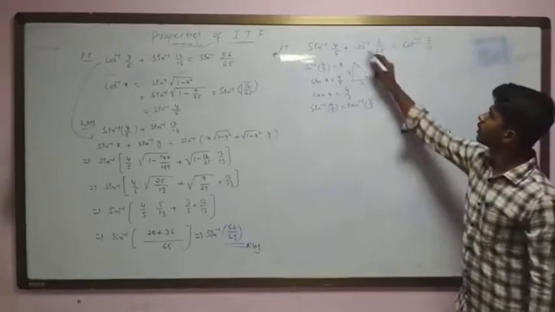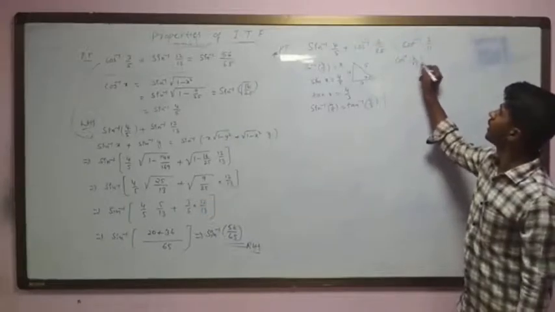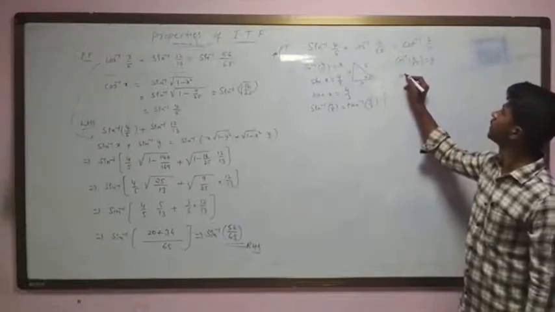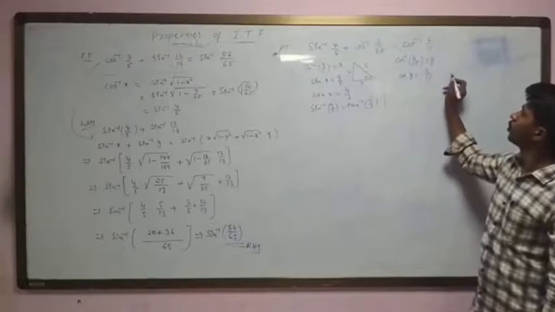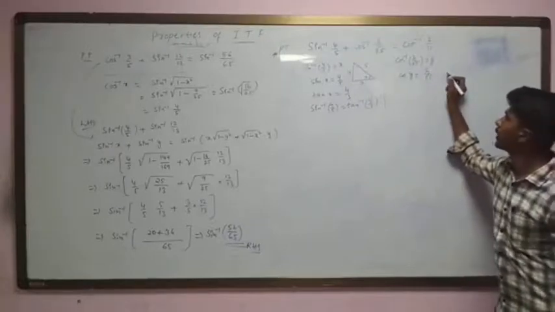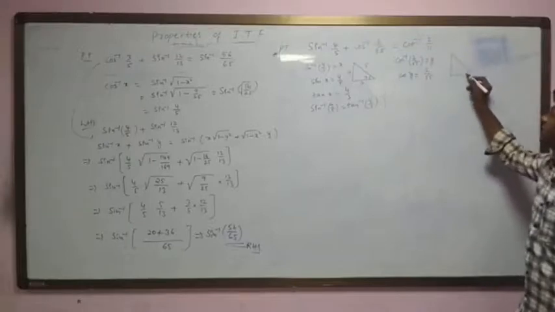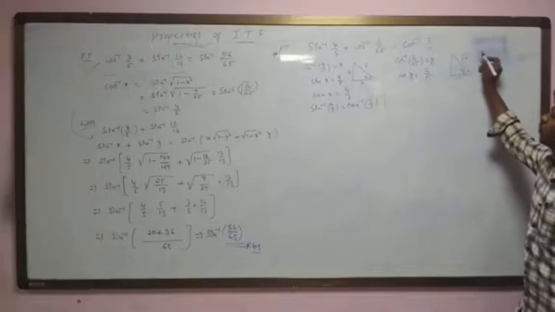Right? Go to the next. Cos inverse 2 by root 5. Take it as y. So what do I get? Cos y is equal to 2 by root 5. Take a triangle, let the angle be y, with 2 and root 5.